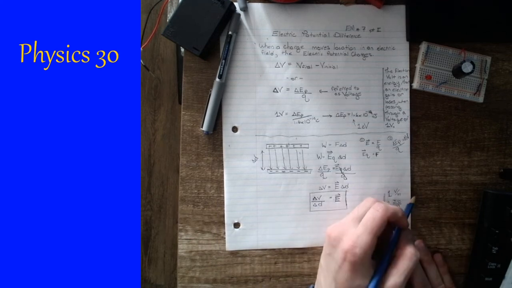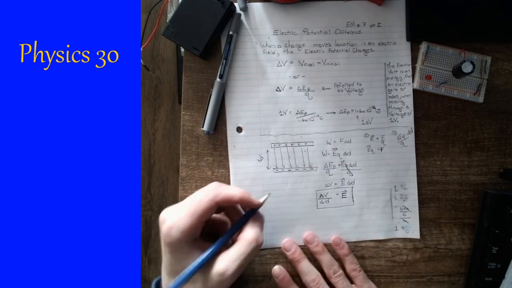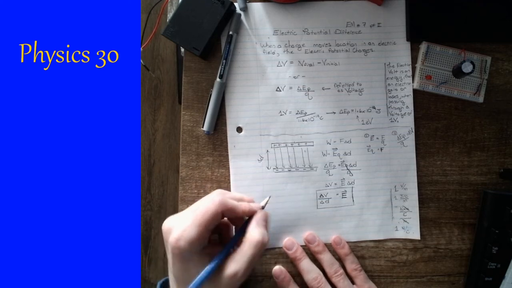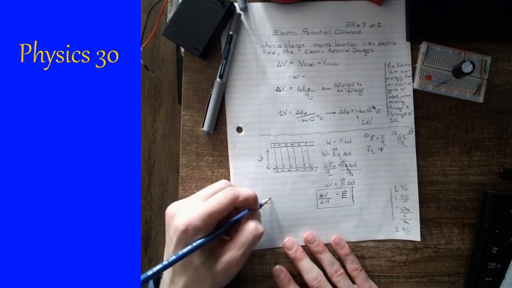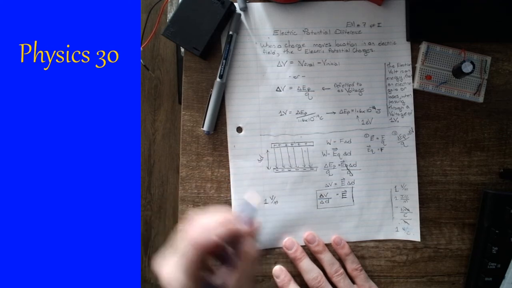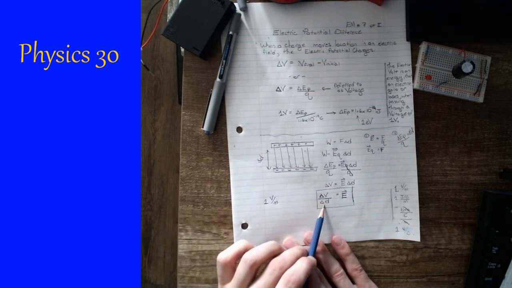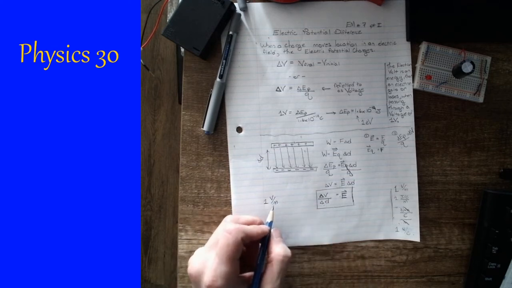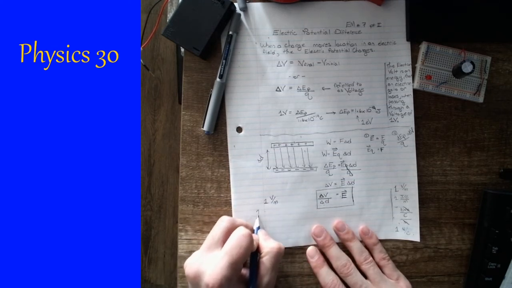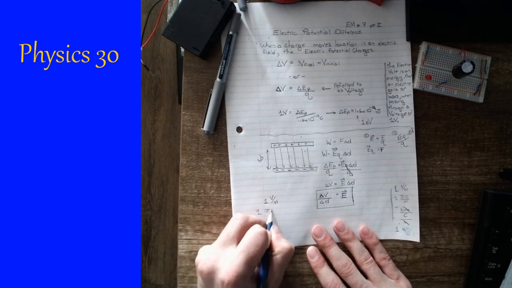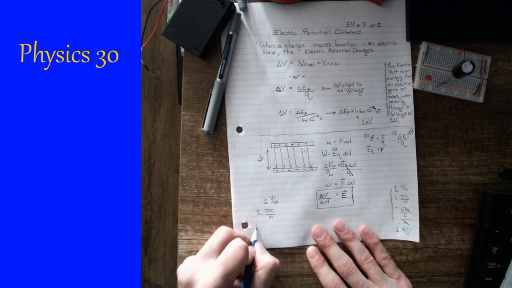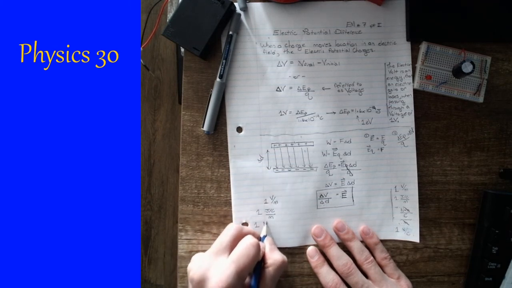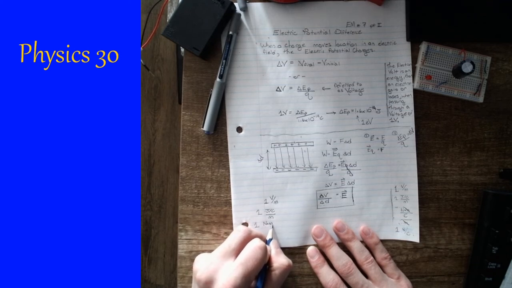I realize that you probably couldn't see much of that, so let's do it over here one more time. Hopefully it makes a little more sense. So this is a volt per meter. A volt, as we saw, was 1 joule per coulomb. A joule is a Newton meter.